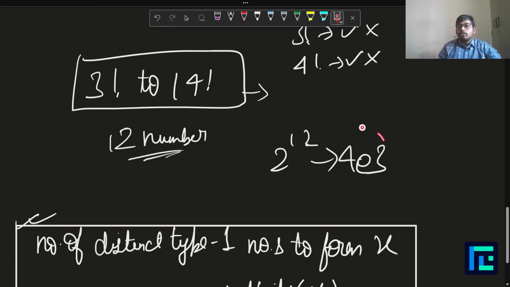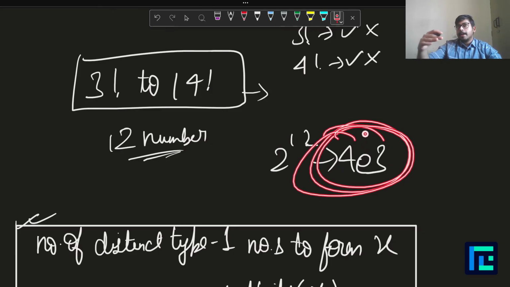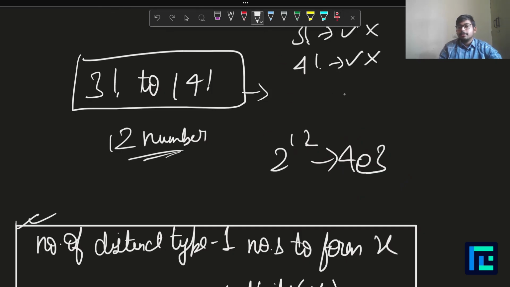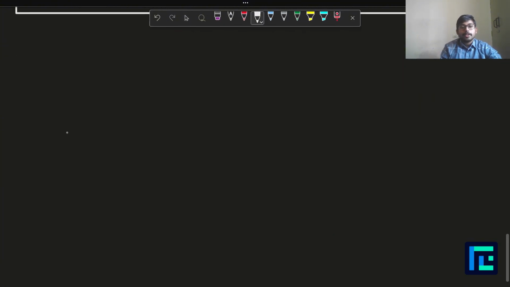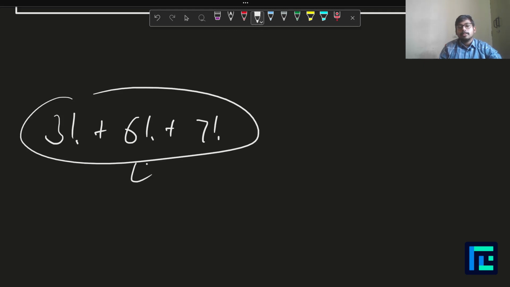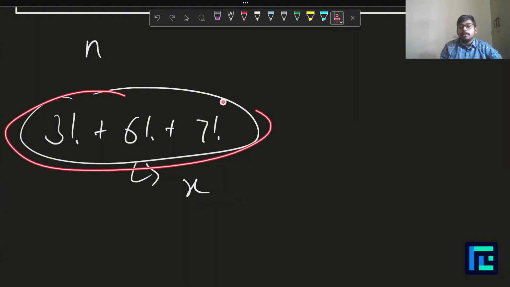So we can just run through all of these possibilities, and for any one particular possibility, let's say we are taking 3 factorial and 6 factorial and 7 factorial. Okay, so this would form some x, and if we needed to form a sum of n, then we have used 3 numbers here.